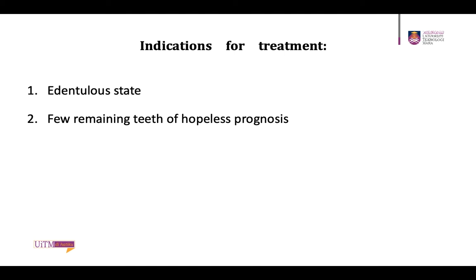Sometimes the patient is not totally edentulous. Maybe the patient is still partially dentate, and they come to you, but they have very few remaining teeth. Some are very mobile, some are periodontally affected, some have very hopeless prognosis that you know that you cannot save the teeth anymore. So maybe this patient is also a candidate for complete denture.